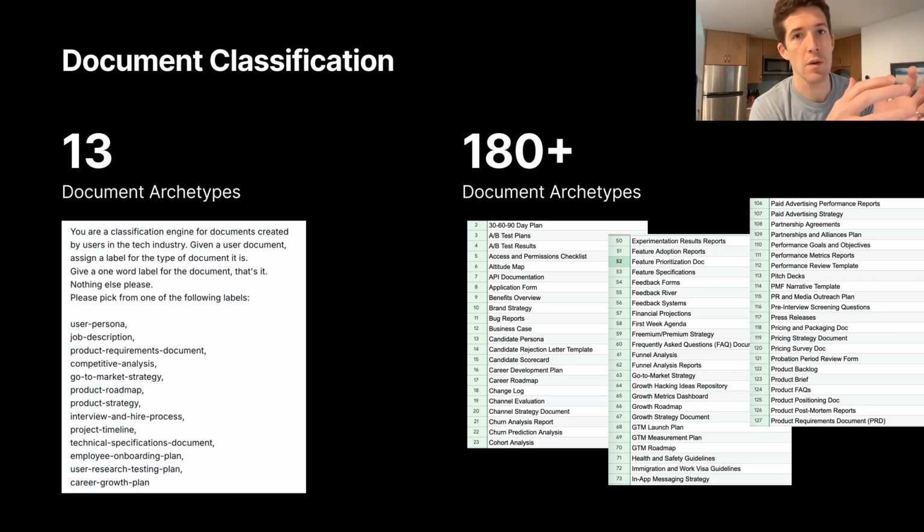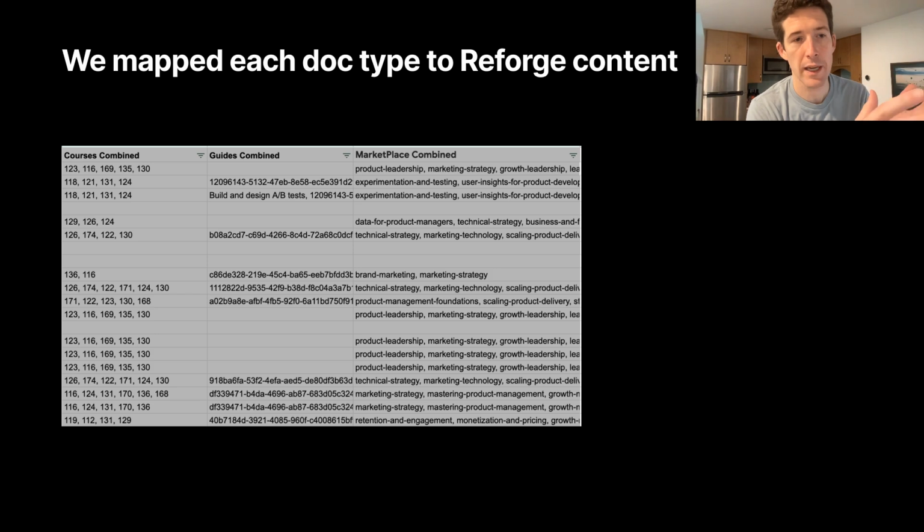Once we had each of those 180 types, then what we did is we went through and we mapped for each one the specific content we felt was most relevant and applicable so that we could ground our suggestions in the content sourced from whatever that asset was from Reforge.